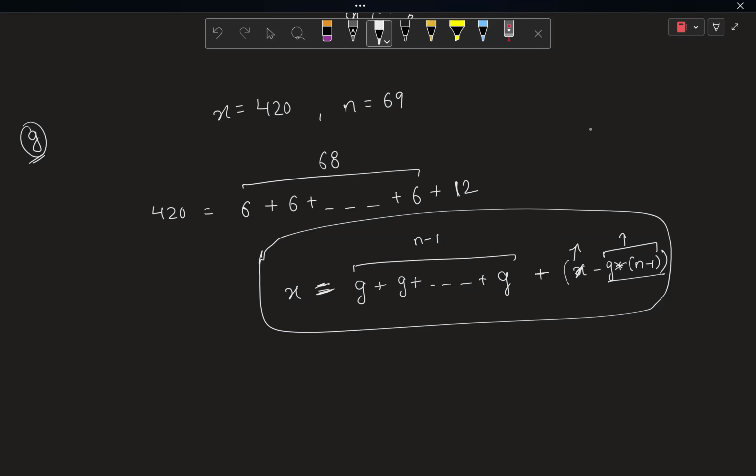Let me look at chat once. I tried the highest factors of 420 such that the factor is greater than. Yeah, Sagar, we will do something similar to that. First, from the factors, the greatest factor less than or equal to.